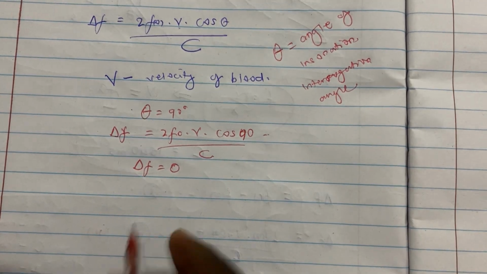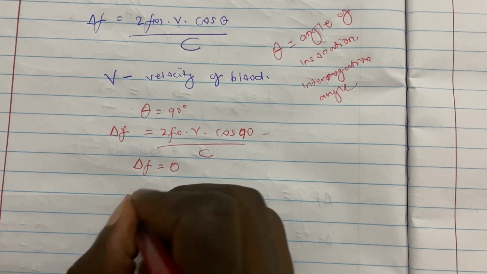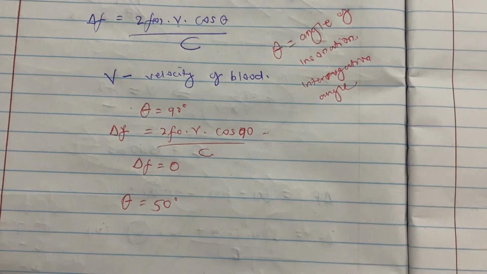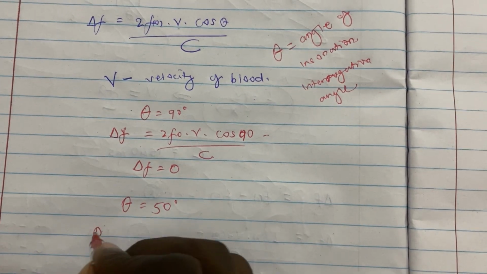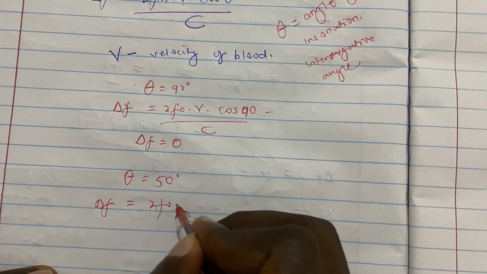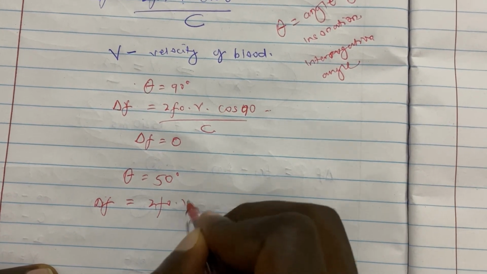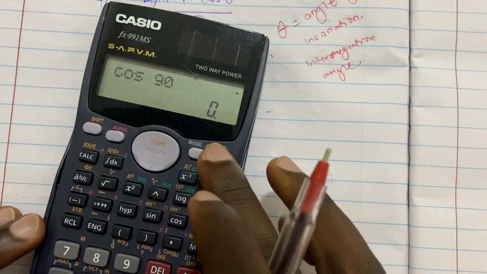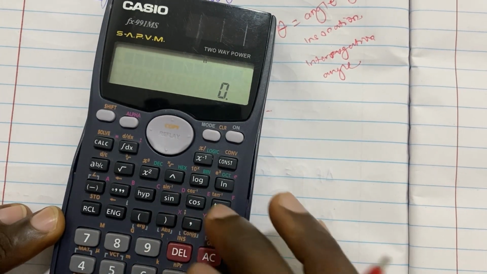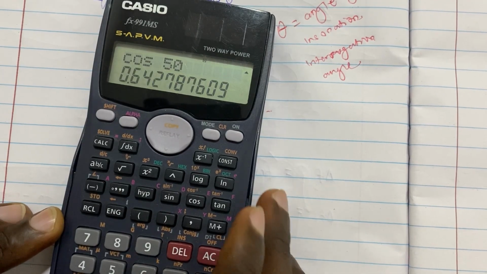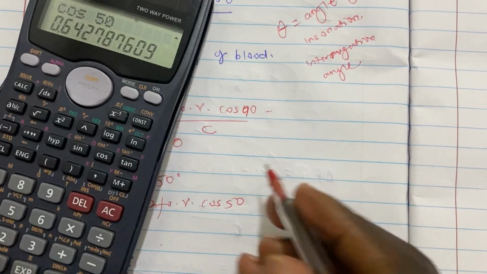If theta is equal to 50 degrees, then the Doppler shift will be equal to 2 f naught into V into cos 50. What is cos 50? Cosine of 50 is 0.6.